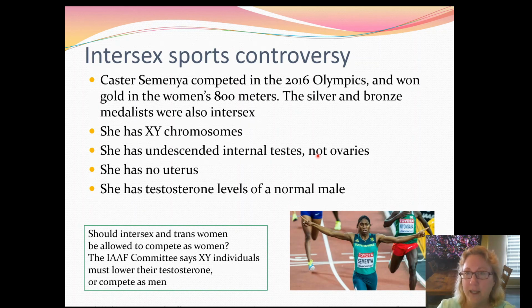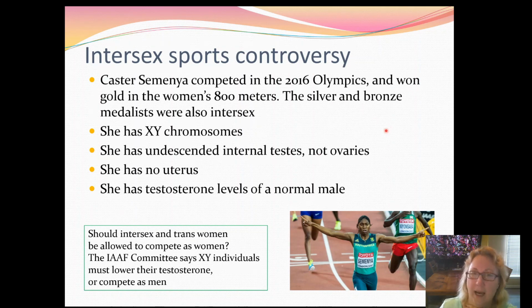So in that same Olympics, the silver and the bronze medals in the women's competition were also won by intersex individuals. So the gold, silver, and the bronze in the 800 meters were all won by individuals who were intersex, all three of them have XY chromosomes and high testosterone levels.